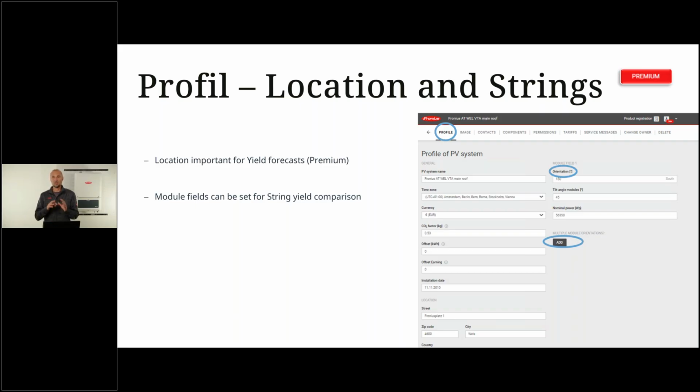Here only one module field was filled in, with 180 degrees to south and a 45 tilt angle, and a nominal power of, in this case, 56 kilowatt peak. Yeah, so that's of course depending on your system. You enter all the data here, fill out everything here under profile, first of all.